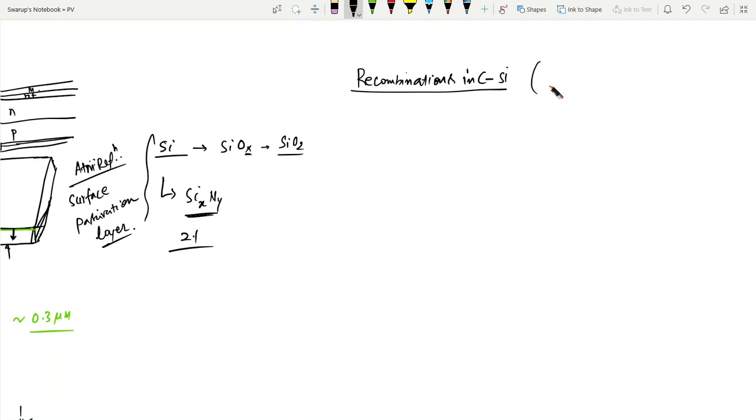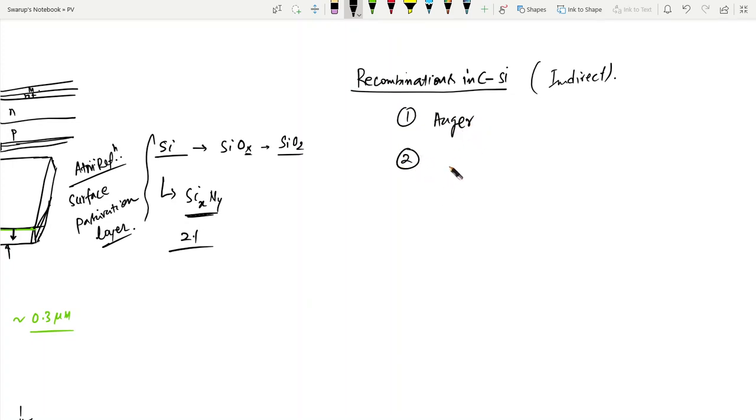Direct or indirect? Anyone? Indirect, sir. It is indirect, right? Yeah. So in an indirect bandgap semiconductor, what types of recombination are more prominent? Auger. Yes, Auger.